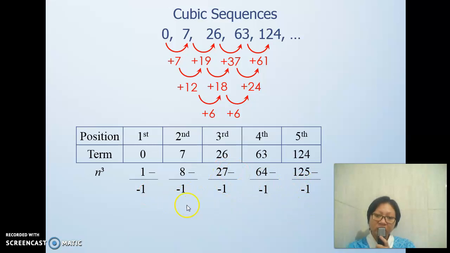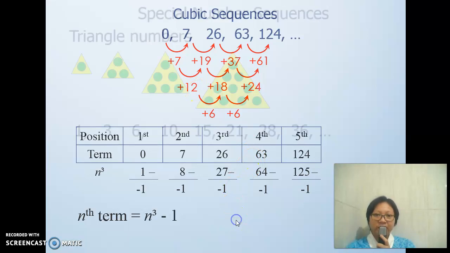So we have a common difference here, minus 1. So to find the nth term, we just subtract 1 from the cube of the position number, like this, as simple as that. This is an example of a cubic sequence.